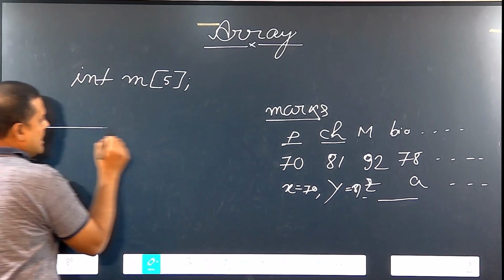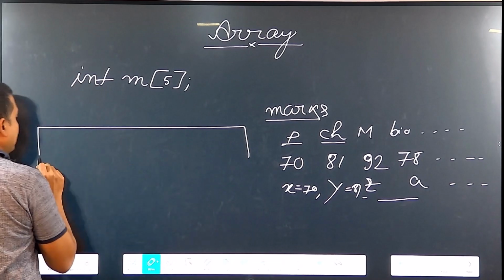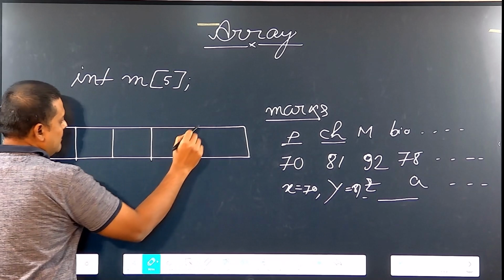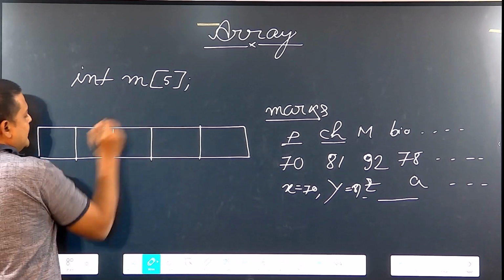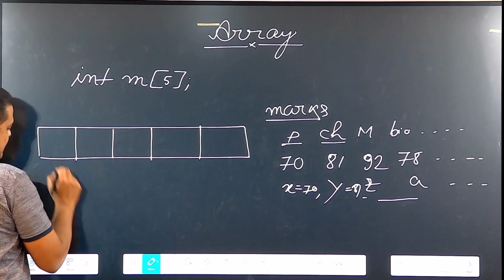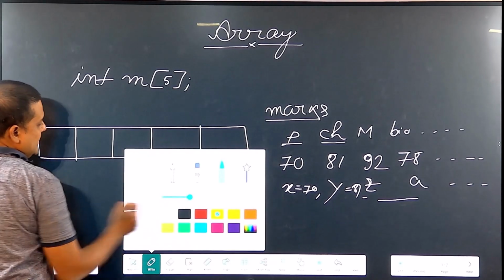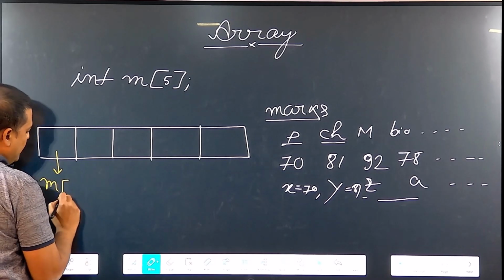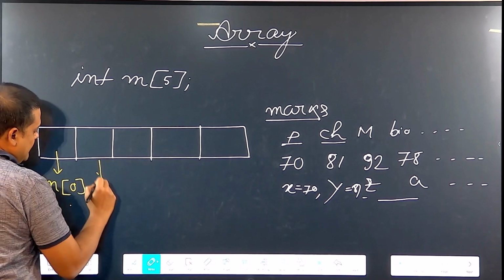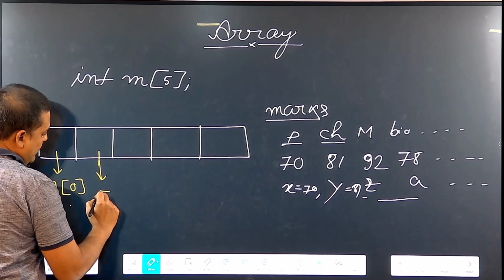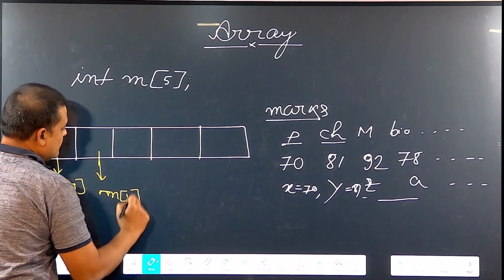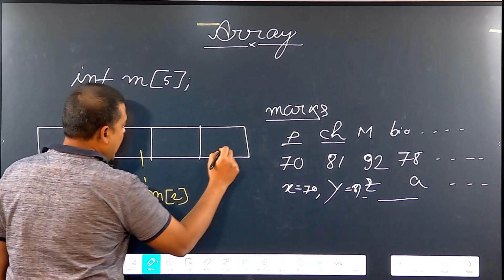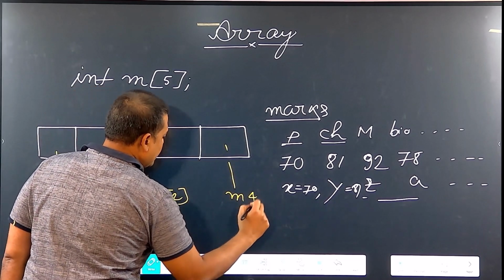In our computer memory, some place will be allocated। ऐसा कुछ space allocate हो जाएगा। 1, 2, 3, 4, 5. This location is named as m of 0. This location is named as m of 1. This location m of 2, and so on, m of 3 and m of 4.